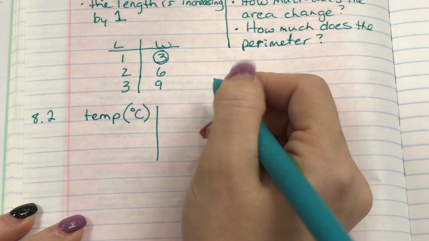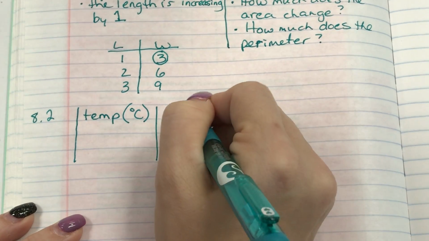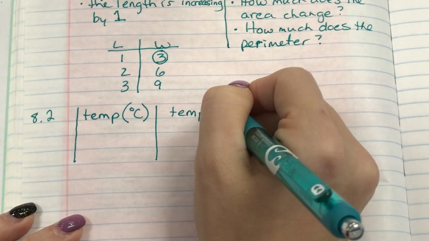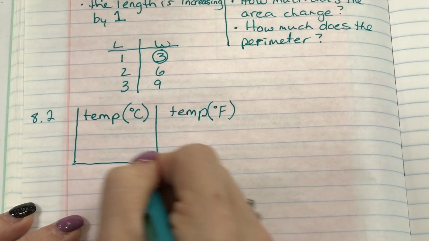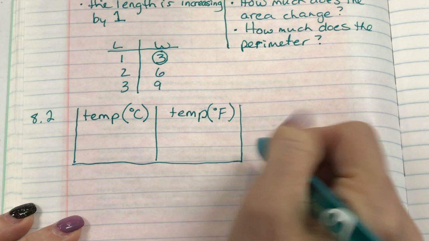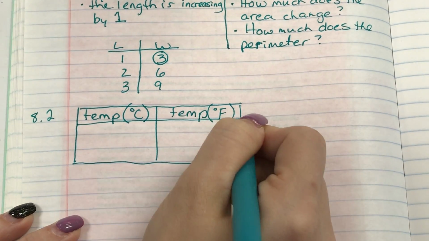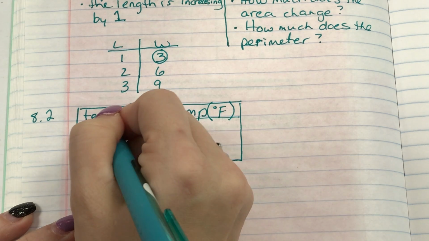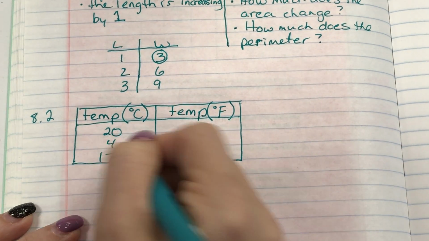And it's 4 lines long or tall. And then temp, Fahrenheit. And again, that's on your screen if you need to look at that. All right, and we've got 24 and 175.